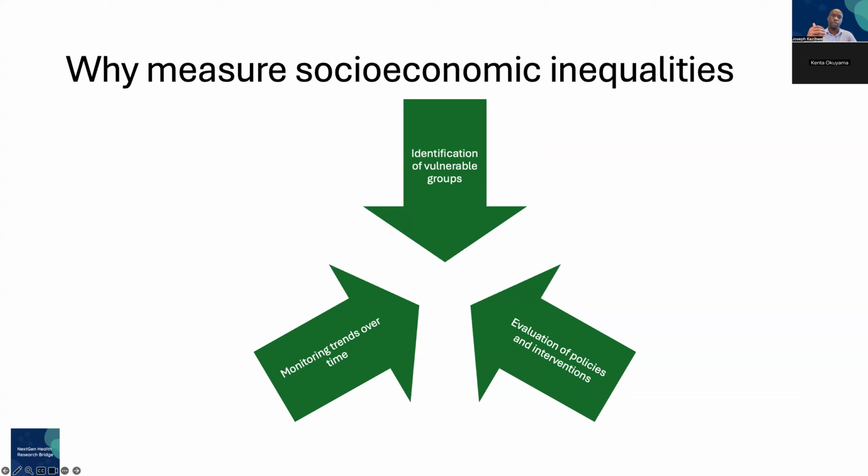And therefore, we need to identify people whose health needs to be improved too. The measurement of socioeconomic inequalities also helps us to understand the trends of these inequalities within our societies, and therefore gives us a good platform to measure the impact of policies and interventions that we may implement.